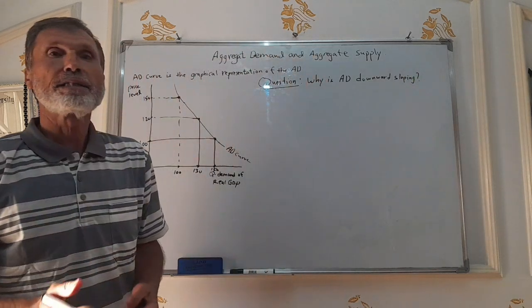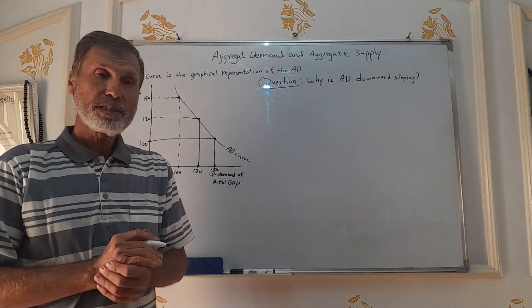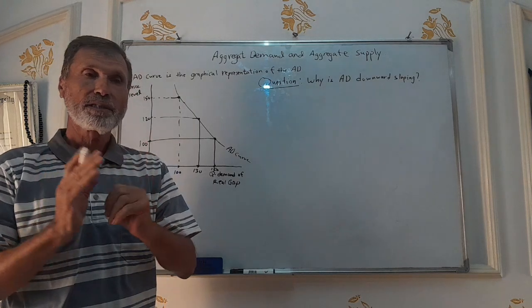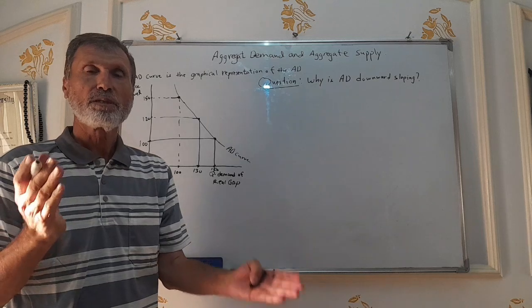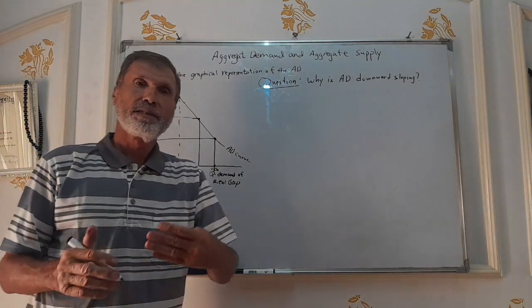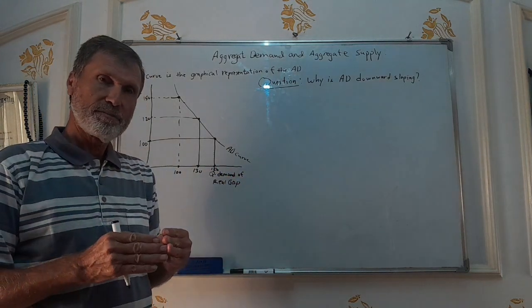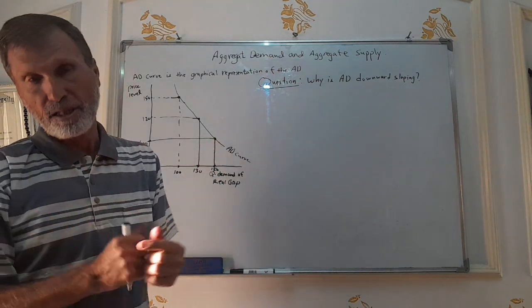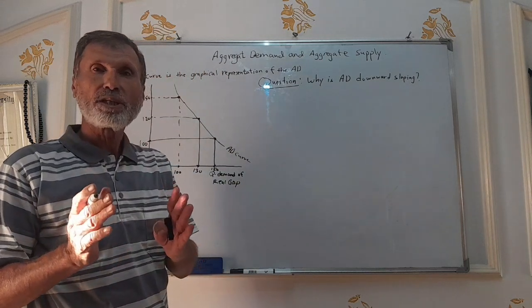In other words, why does the aggregate demand slope downward? Of course, economists talk about some explanations for this inverse relationship between the price level and the quantity demanded of real GDP. They talk about the real balance effect, the interest rate effect, and the international trade effect. So there are three kinds of explanation.